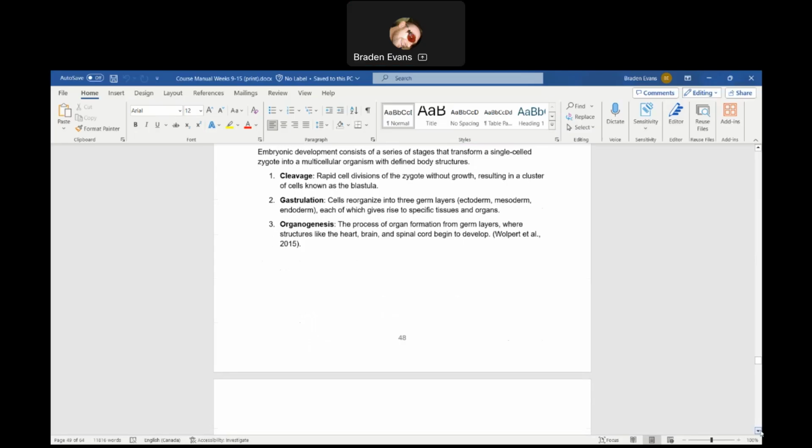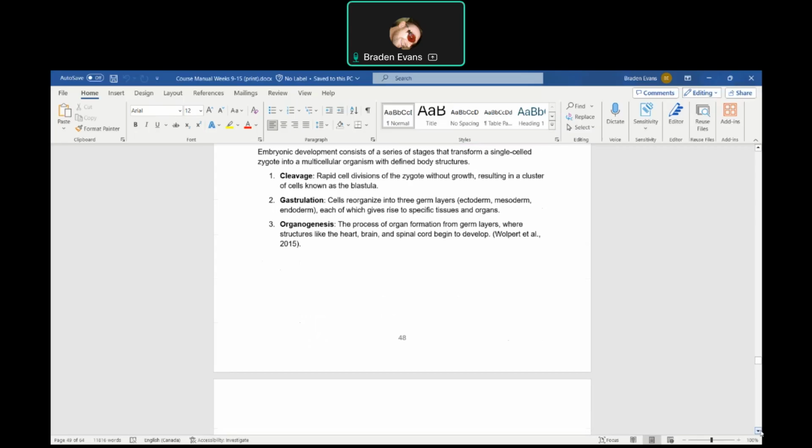So it's rapid cell division, but you don't see any growth in the size of the egg at the beginning. Okay, so that is cleavage. Okay, and at the end of cleavage, the structure is just a whole mass of cells called the blastula.